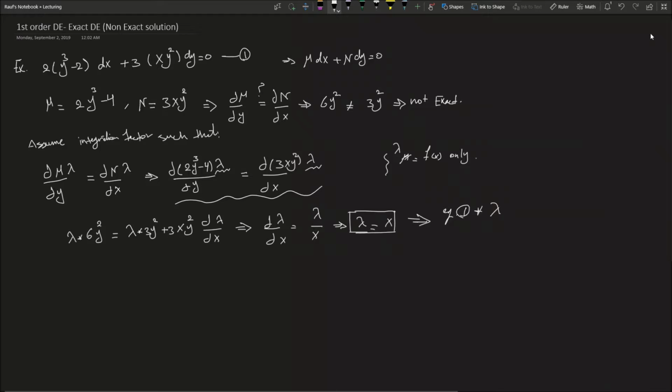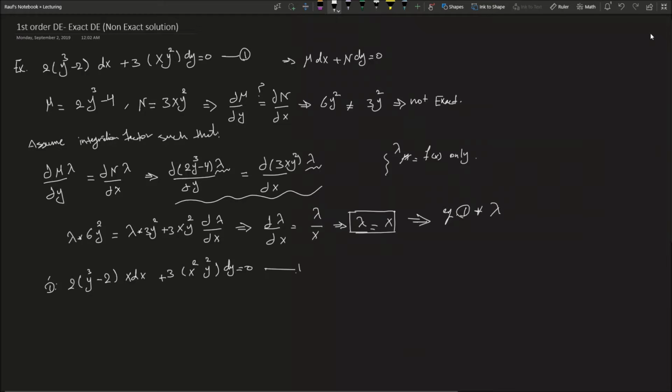Equation 1 prime, which is equation number 1 after being multiplied by lambda on both sides, will be 2y cubed minus 2x dx plus 3x squared y squared dy equals 0.